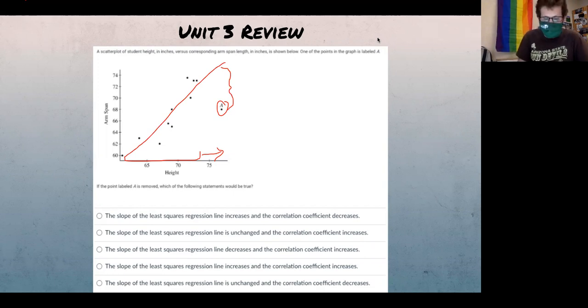If we got rid of it, because this is now dragging the line down, we're going to go back to that original regression line that I drew in the solid. So the slope is going to increase, and the correlation coefficient will increase as well, because all of these squares of our residuals will be much smaller, the sum of the squared residuals. So the answer is D.